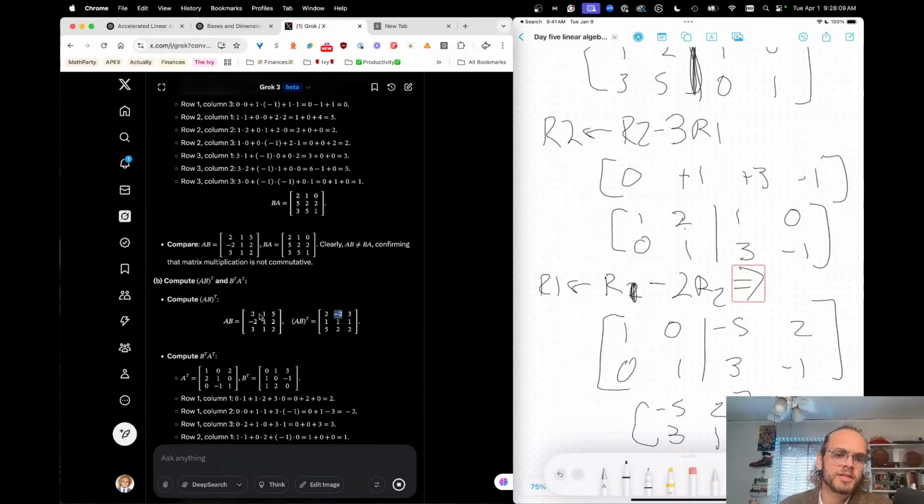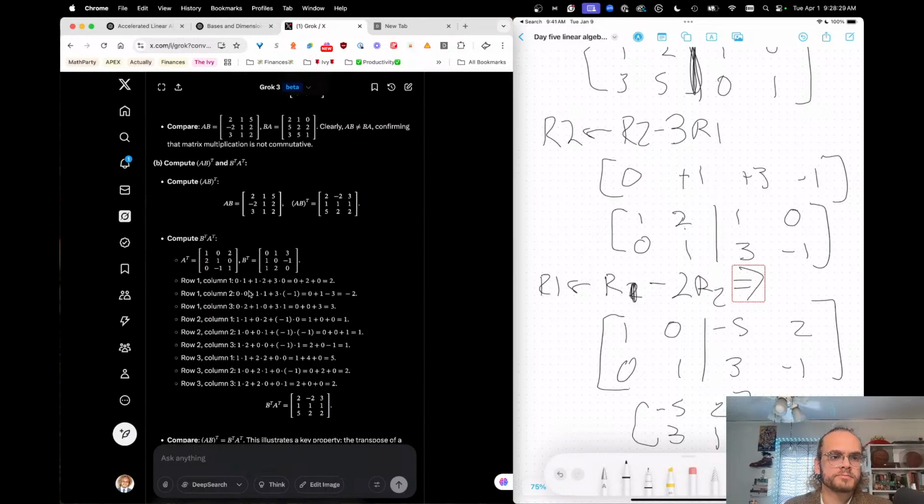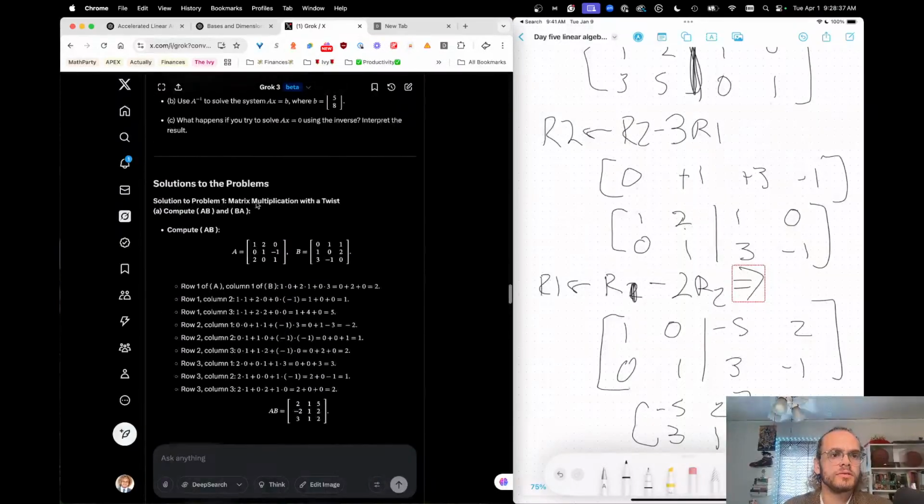So if I multiply this by itself, it becomes 2 times 1 plus 1 times 1 plus 5 times 1. Yeah, I don't know. What does this to the t mean even?